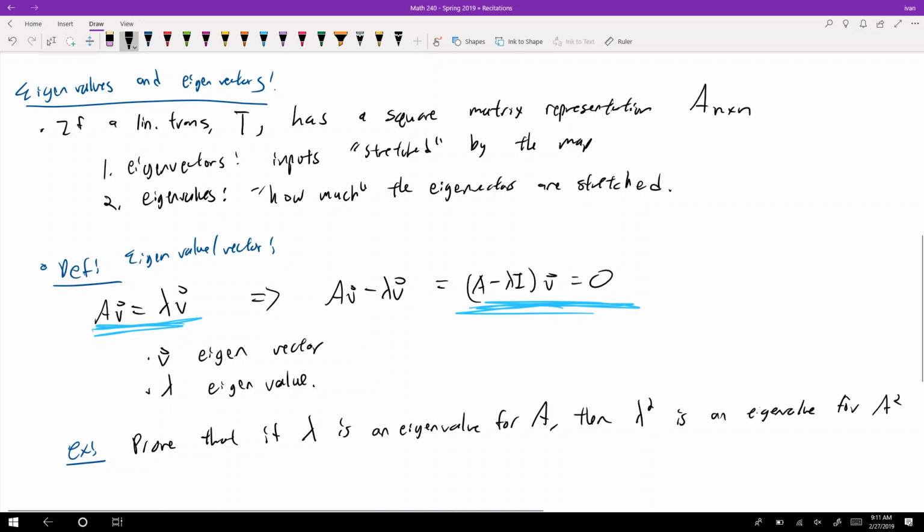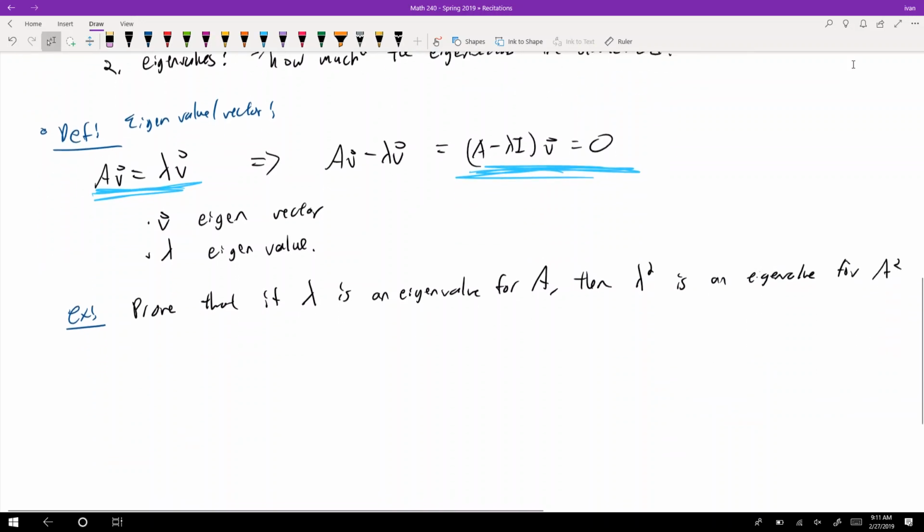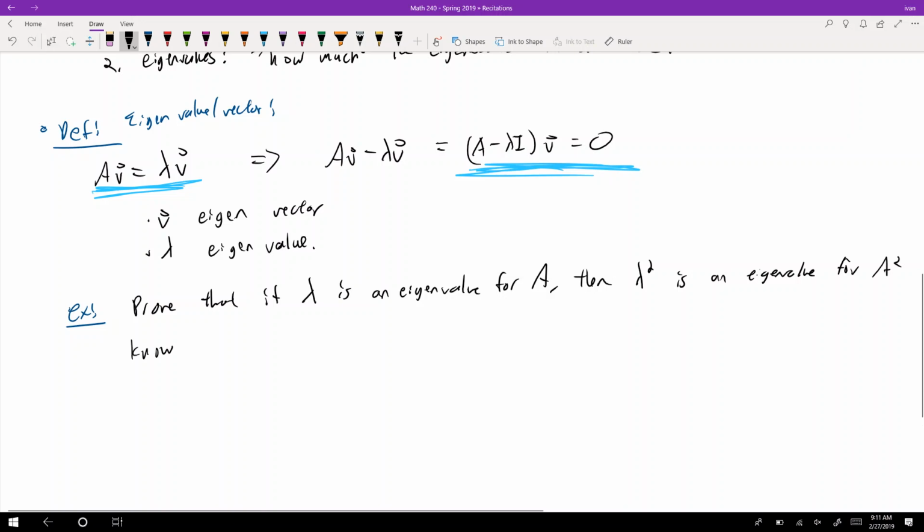And given that I gave you the definition up there, which is Av equals lambda v, we probably want to use that, right? So what do we know? Okay, we know that lambda is an eigenvalue for A. So since lambda is an eigenvalue for A, it means that there's some v where Av is equal to lambda v, right? So we can use that as a fact.